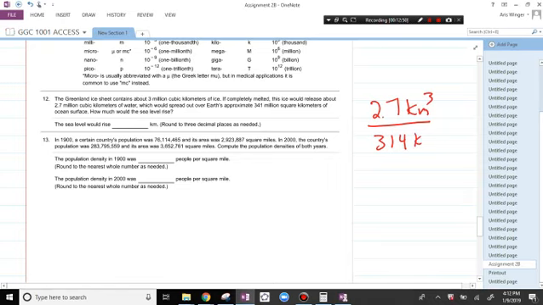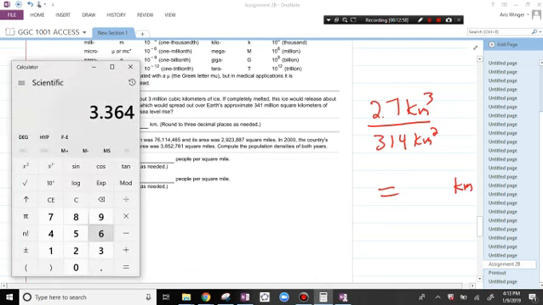This is kilometers squared, and the units will be kilometers. You just need to do the division. 2.7 divided by 314 is about 0.00. How many decimal places? 3 decimal places, about 0.009.